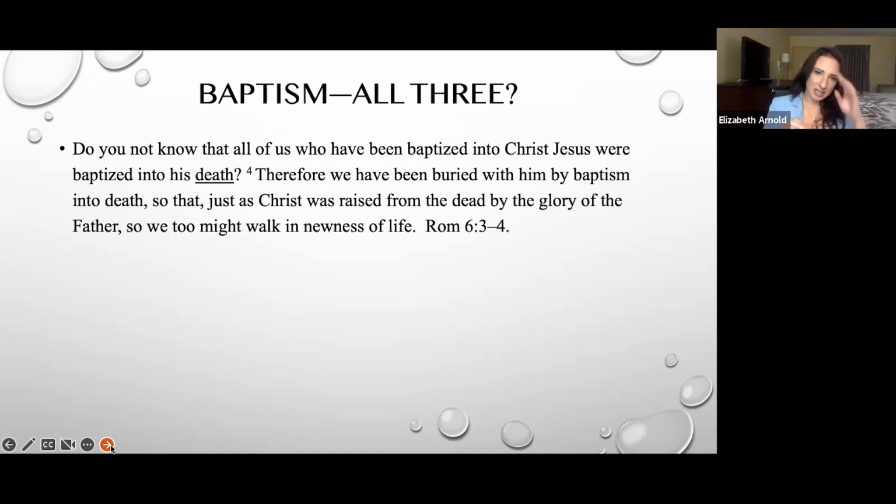And what's fascinating is that Paul doesn't skip over that, but he actually slows down. Notice how he repeats the death part. "Don't you know that we've been baptized into his death?" Period. I mean, question mark, but period. "Therefore, we've been buried with him by baptism into death." That is the part that's repeated, so that we might walk in newness of life.